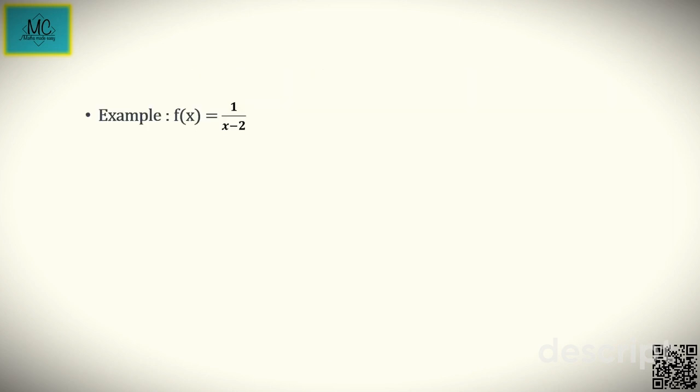Now, when dealing with a function, it is important to be aware of any constraints that may exist. For instance, as you can see on the screen, the example is f of x is equal to 1 by x minus 2. Can you tell me what the domain of it can be? Any idea? Okay.